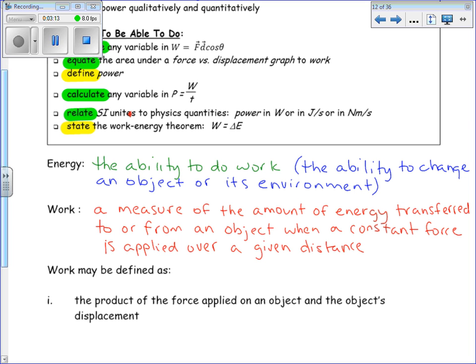That constant is actually kind of a weird one. When we're using a formula, it has to be a constant force. If we're actually going to use the area under a force versus displacement graph, then it can be a changing force. And that'll come up again when we talk about the graphs.